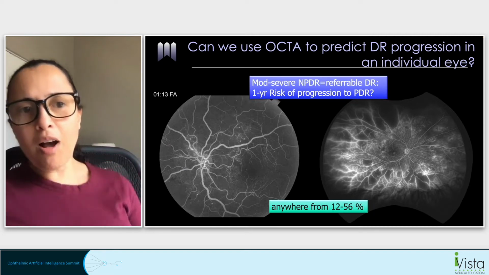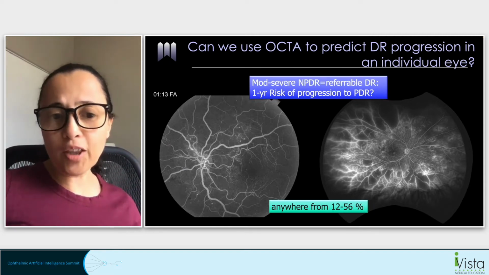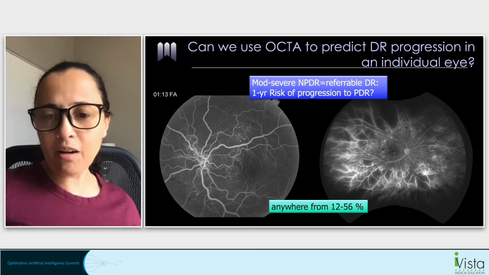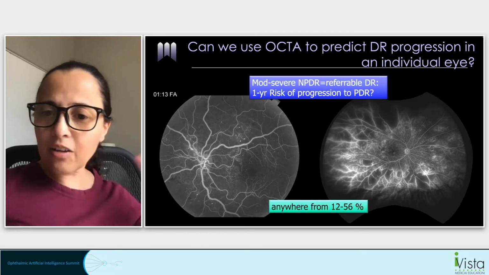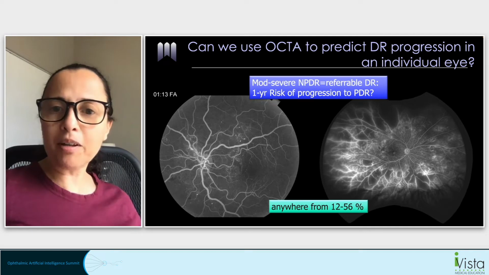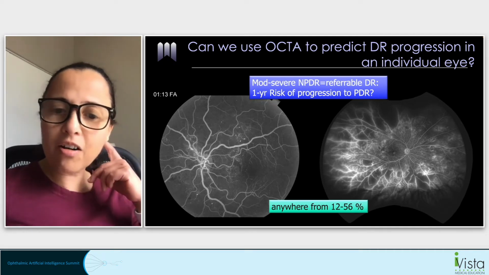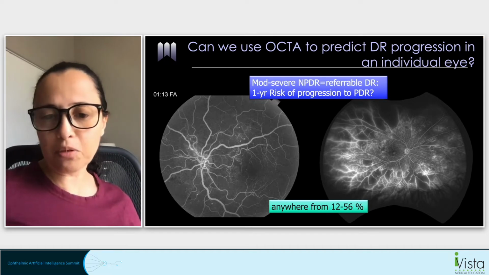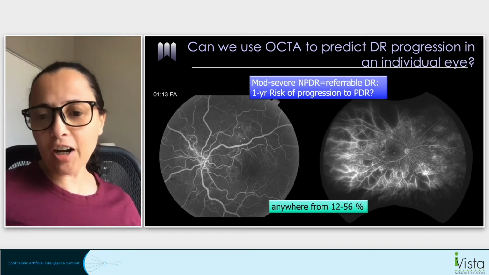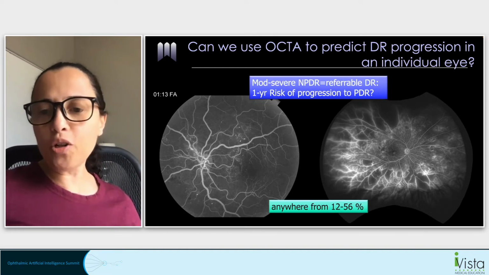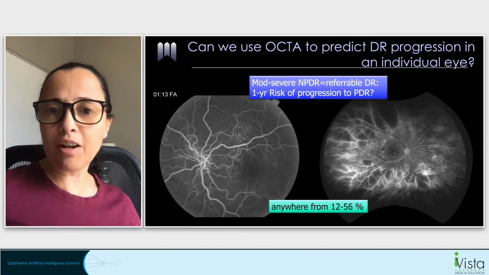So to frame the problem, if you think about moderate and severe diabetic retinopathy, that highly enriched, high-risk population that we're all talking about today, the risk of progression to PDR is anywhere from 12 to 56%. So when a patient's in our chair, it's really hard to know which one of these two patients is going to progress in 1 year.